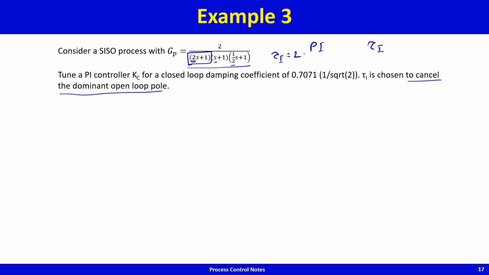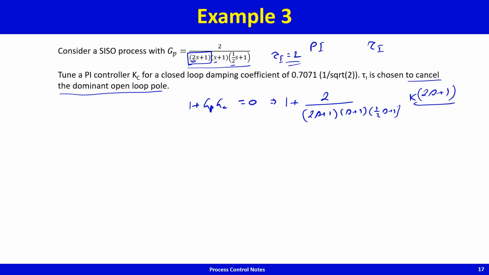If I use tau I equal to 2, then my 1 plus GpGc equal to 0 will become 1 plus 2 divided by (2s plus 1)(s plus 1)(half s plus 1) into the PI controller. So there is Kc, there is tau I s, and tau I equal to 2 is what I'm using, in minutes. So Kc times (tau I s plus 1) divided by tau I s, so 2s.